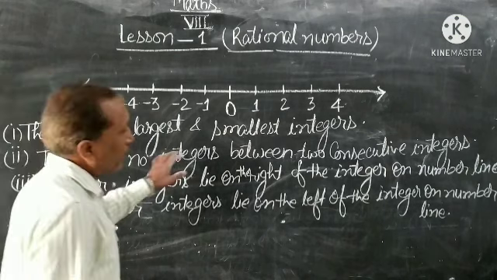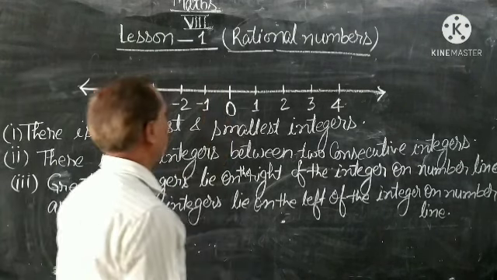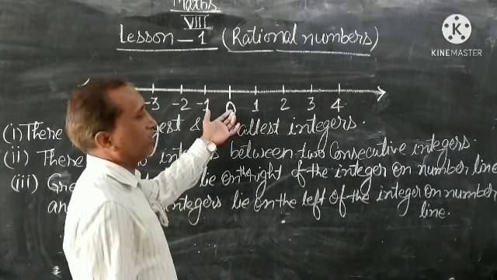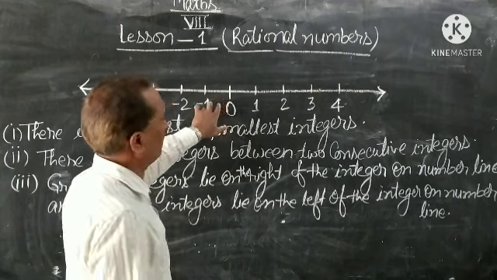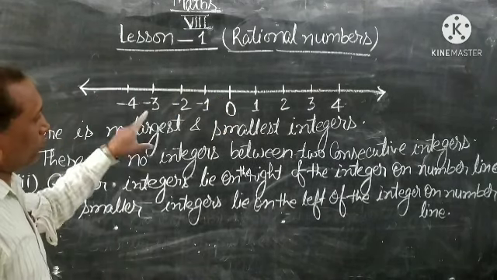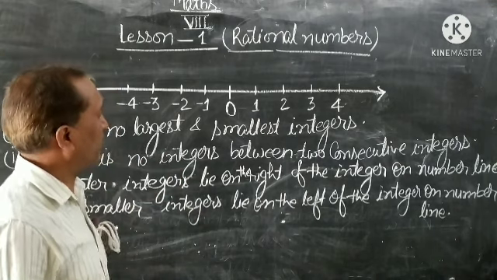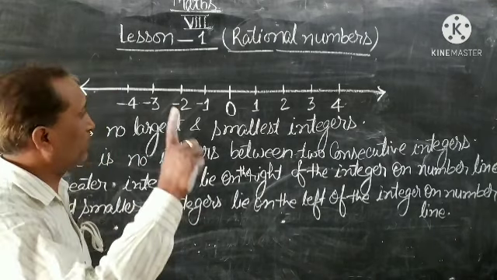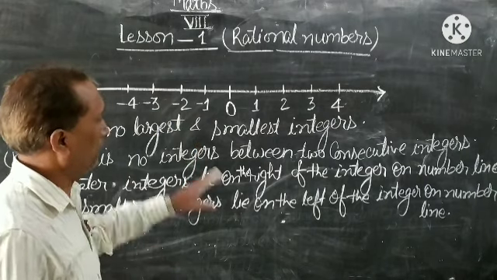There is no integer between two consecutive integers like -1 and 0. There is no other integer between these two. But between any two non-consecutive integers, there is at least one integer between them.